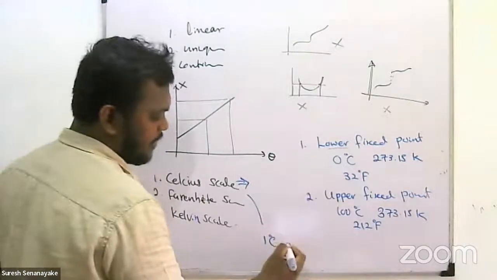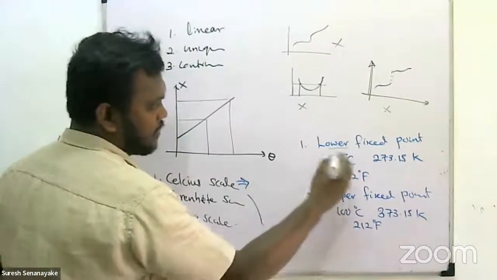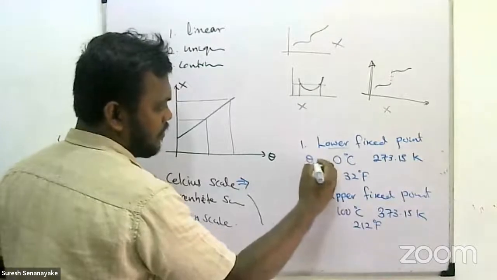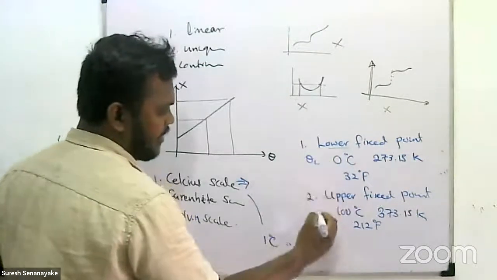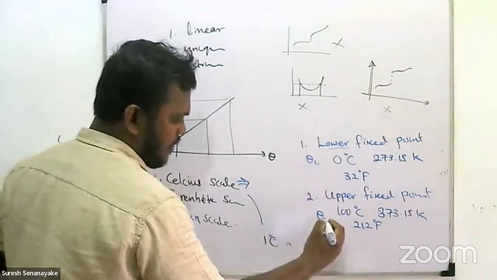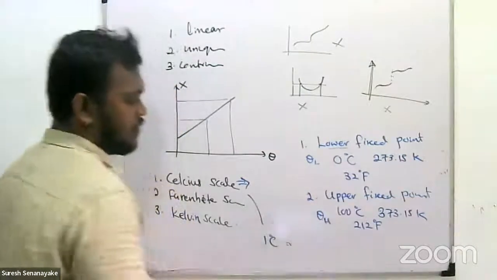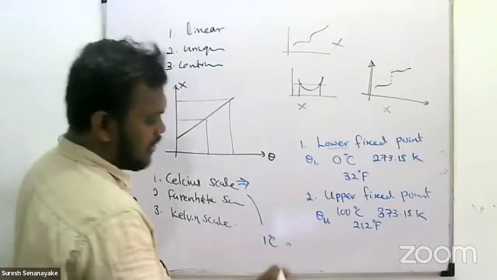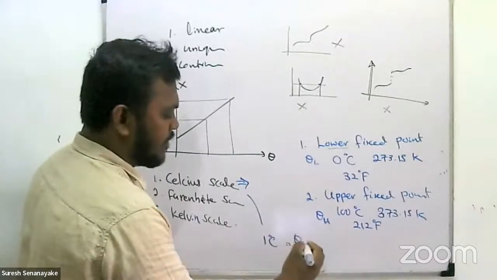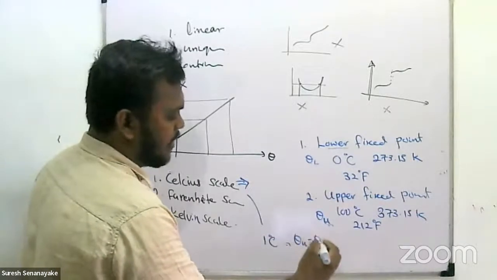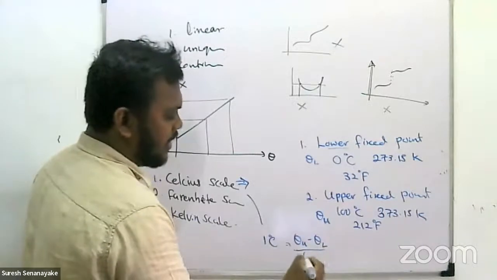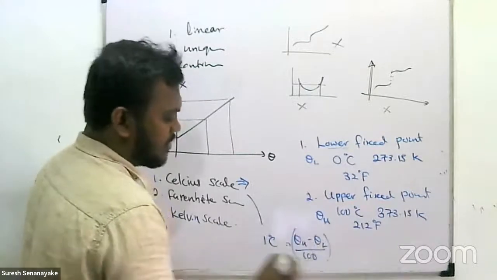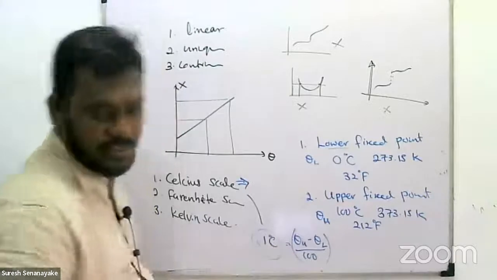The upper fixed point we consider as theta U, the lower fixed point as theta L. So the difference is theta U minus theta L. If you divide it by 100, that corresponds to 1 Celsius.